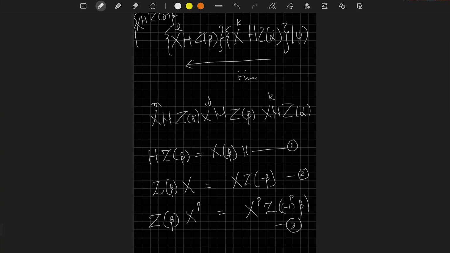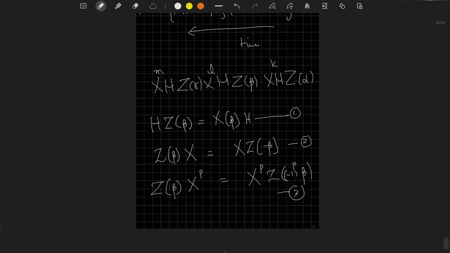And when you manipulate all of these expressions, you can take all the X's to one side, and you're left with an expression that you can probably do as homework, of this kind.